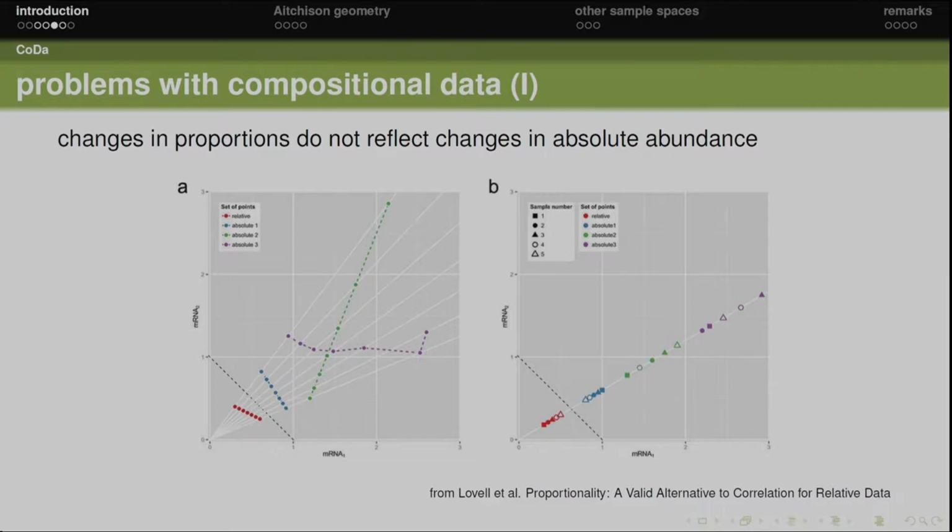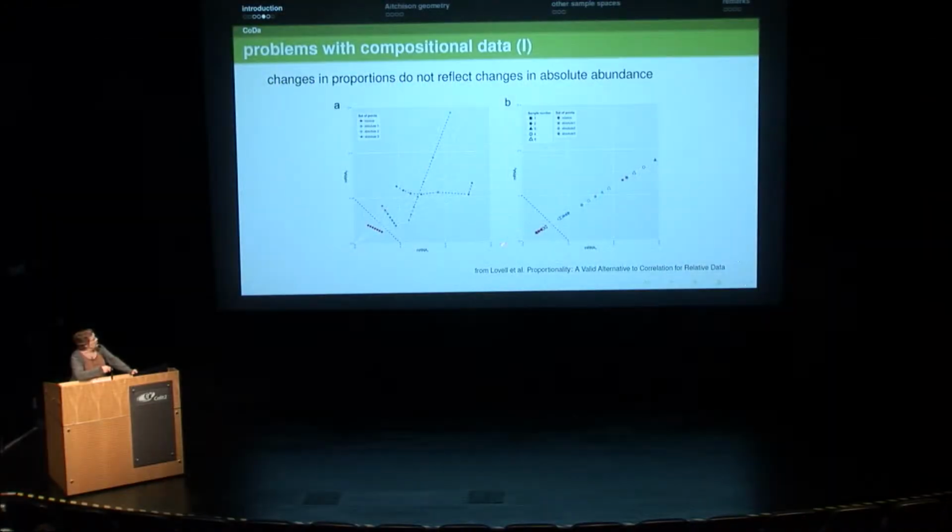So this means that if we don't know the absolute values, there is no information available on how the absolute values could have been. It could be any situation. Here you have one proportion and many possible origins or absolute abundances that generate this proportion. So a large variability leads to a single point in the representation.